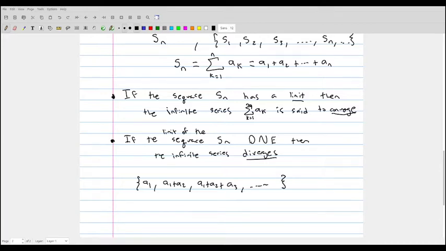So what we're saying is that if this sequence converges to a limit, then the series is said to converge. And if this sequence does not converge to a limit, the limit does not exist, so it blows up to positive infinity or oscillates infinitely, then the infinite series diverges.